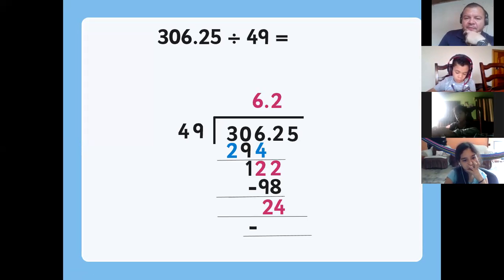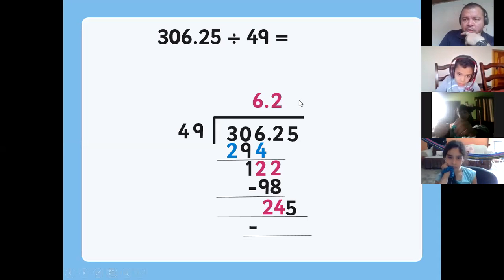What do I have to do now? Bring down the 5. Which number can divide 245 by 49, a number that when multiplied gets 245 or closer?